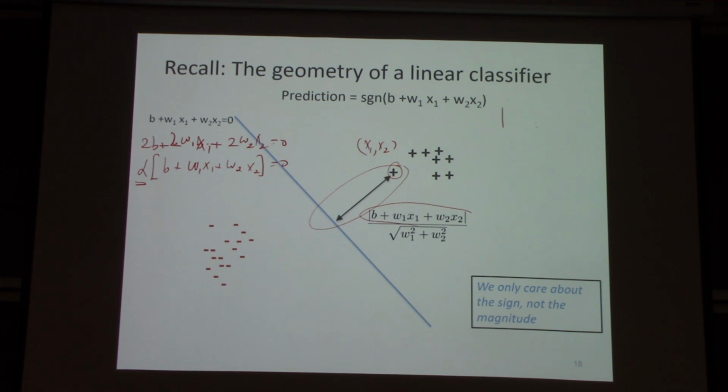The numerator of this quantity should be equal to 1. In other words, I want the margin to be 1 divided by the norm of w. So can I find an alpha such that the margin becomes that quantity? Can you tell me an alpha?